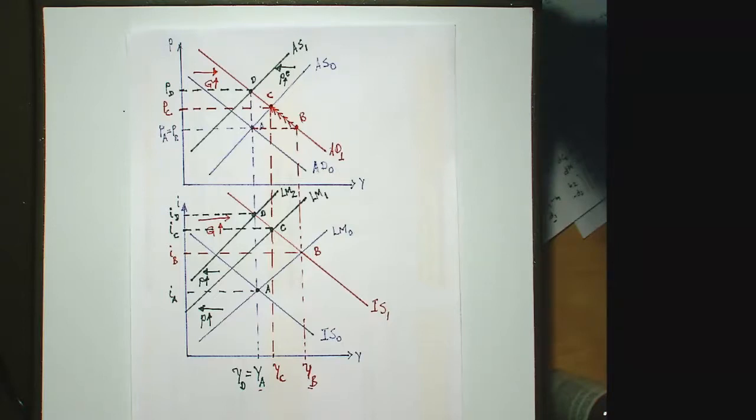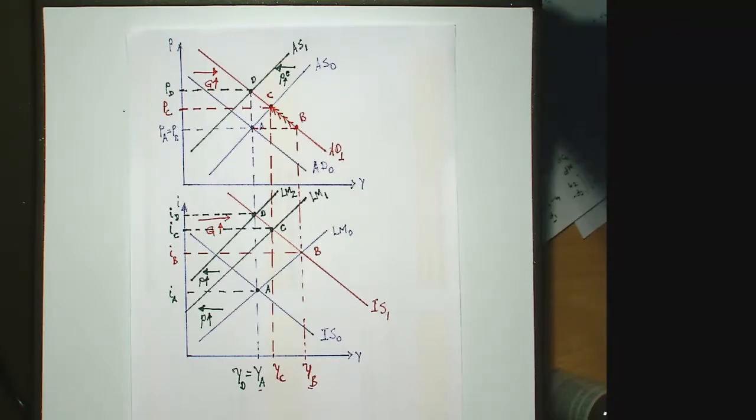So in general, we have started with AS0 and AD0, and IS0 and LM0. And finally, we have ended up at a point where we have AD1, which shifted outwards, or increased, and we have ended up at AS1, which actually decreased.